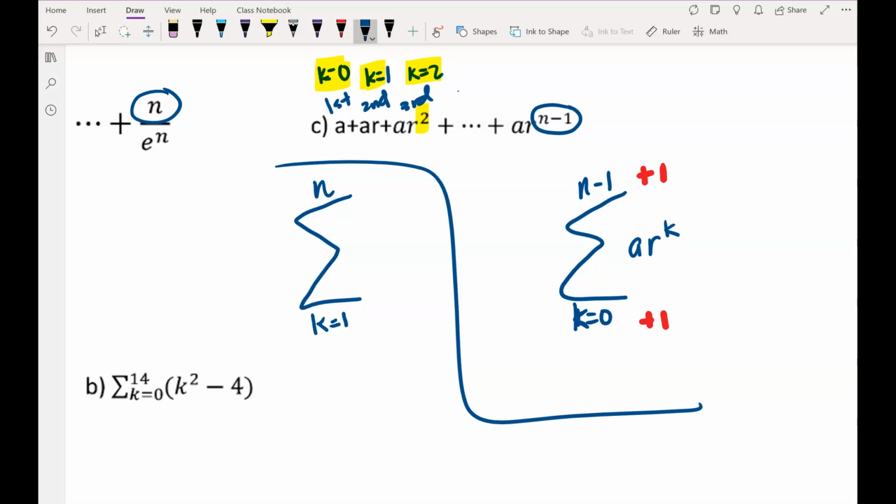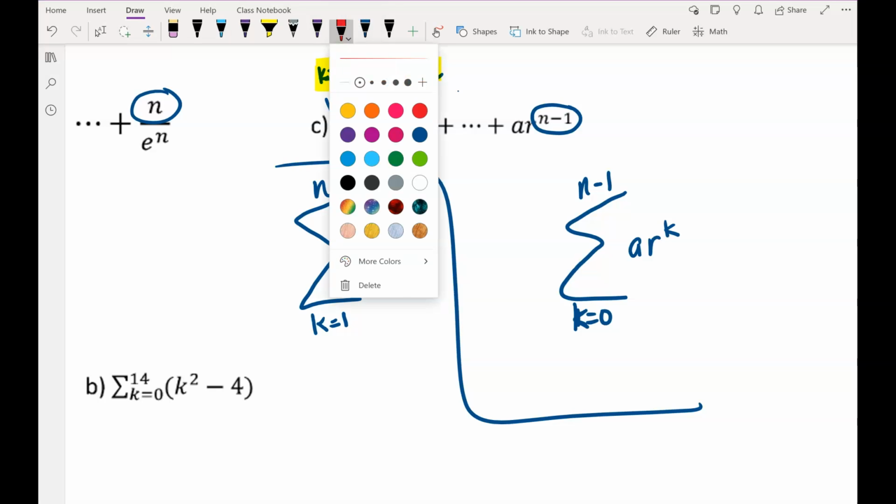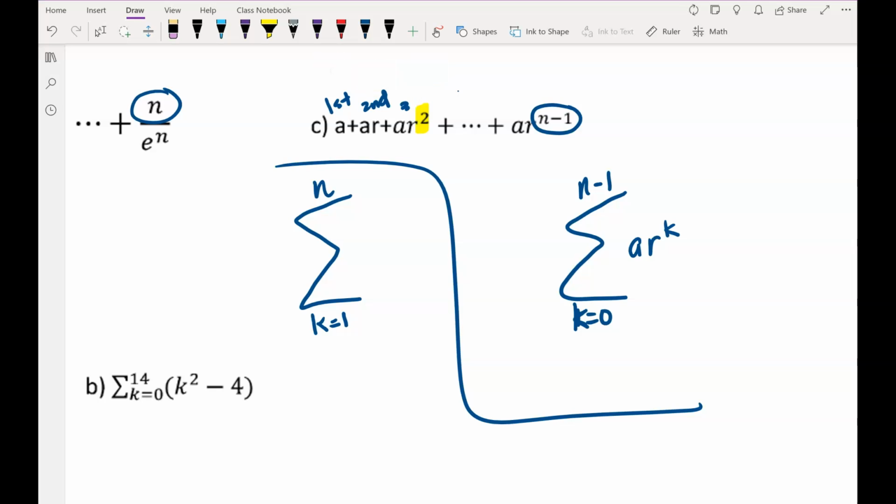But that doesn't mean you can just go in and add 1 to k in this formula. That's not going to work. So make sure we look at each number carefully. What would happen if we plug in 1 to start with? Let's plug it in. Ready? When k equals 1, I have an a, okay?